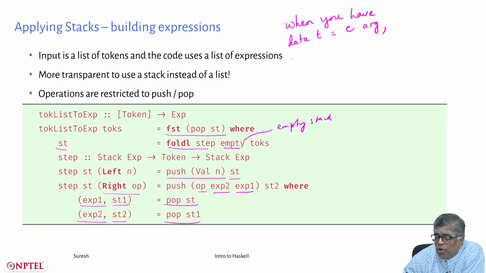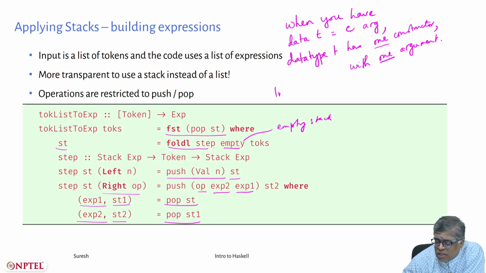Okay, so the data type T has one constructor with one argument. In such cases, you can use newtype T.